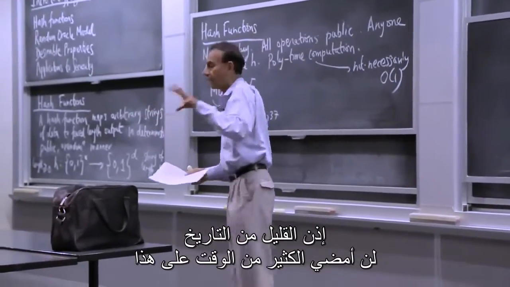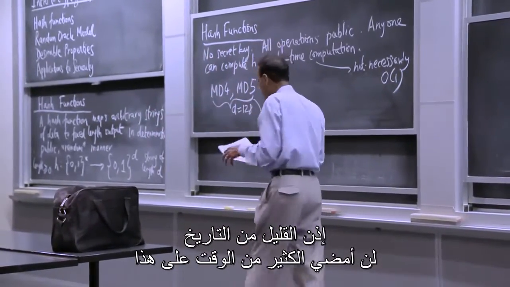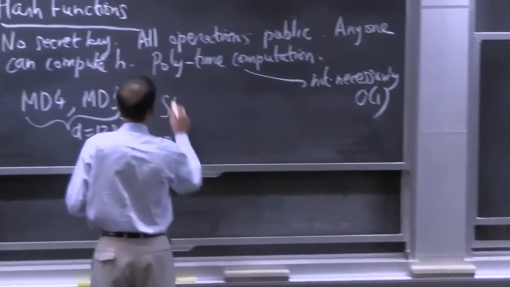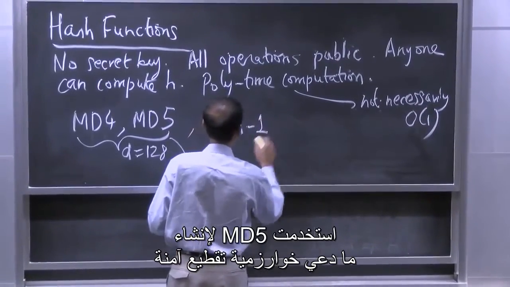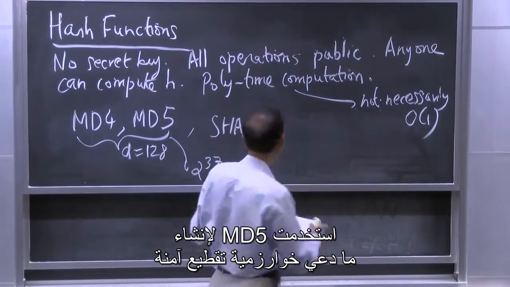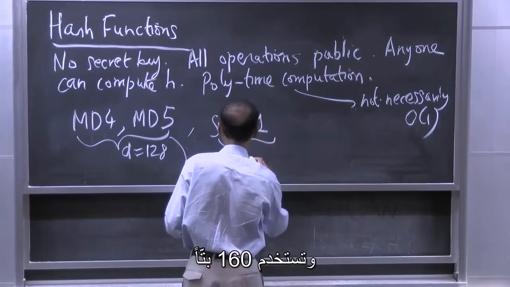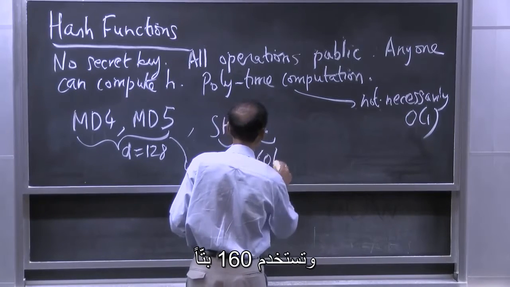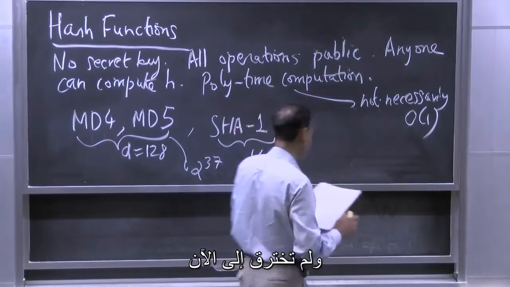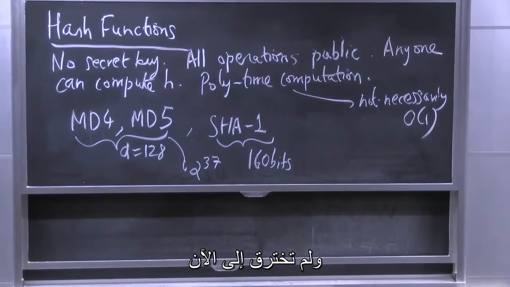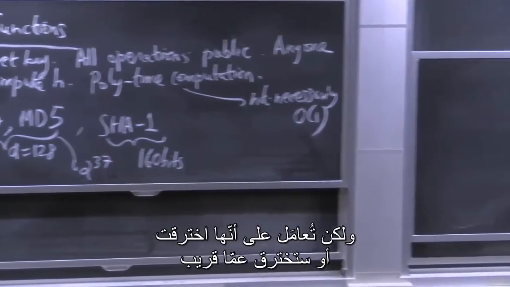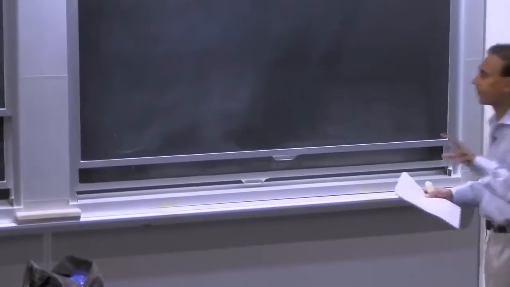So a little bit of history. I'm not going to spend a lot of time on this. MD5 was used to create what was called the secure hash algorithm. This is 160 bits, and this is not quite broken at this point, but people consider it broken or soon to be broken.